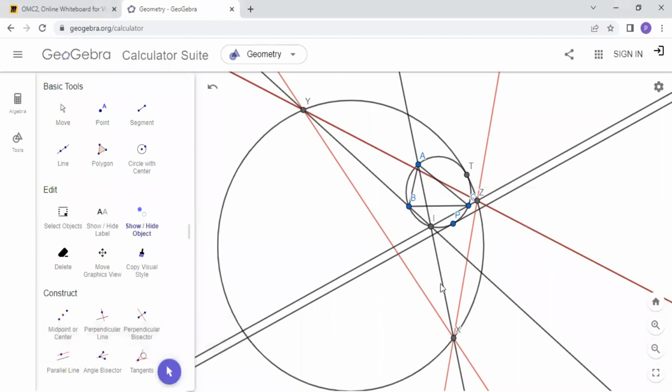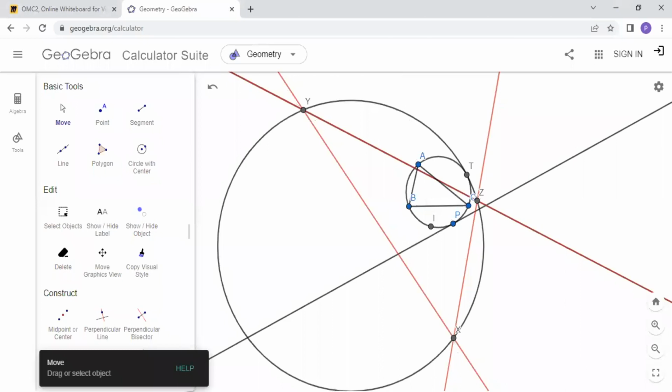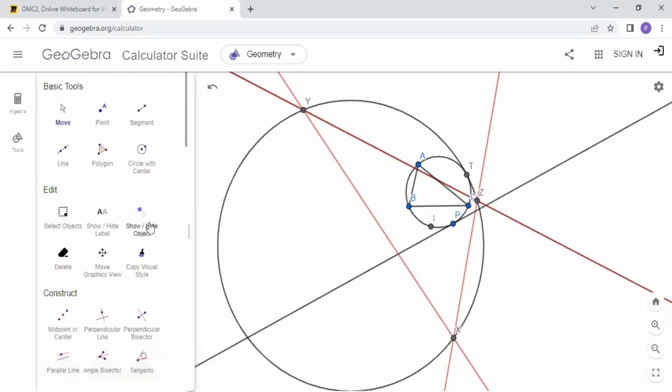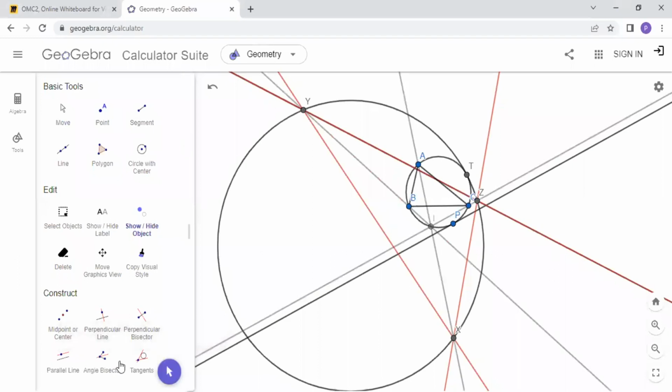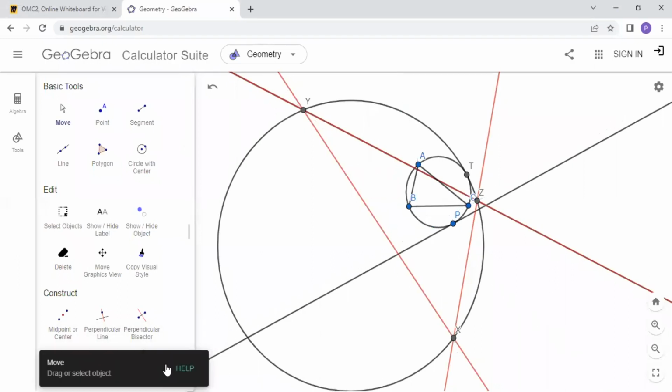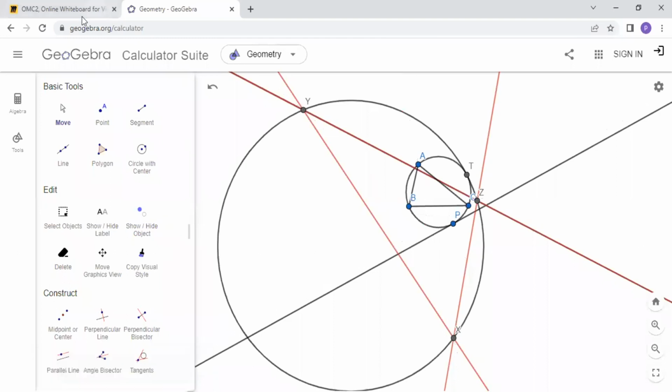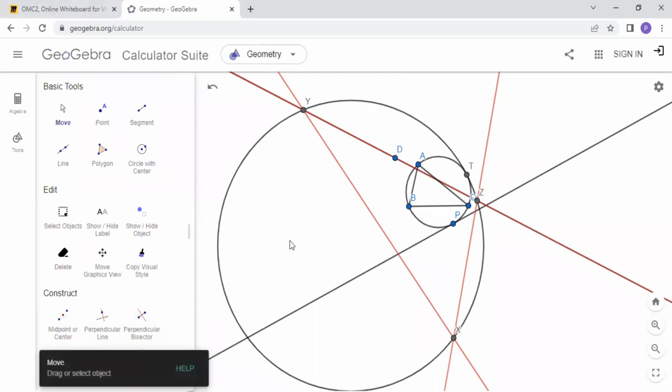Sure. Take a random point on YZ. Show the point I, do not hide that.